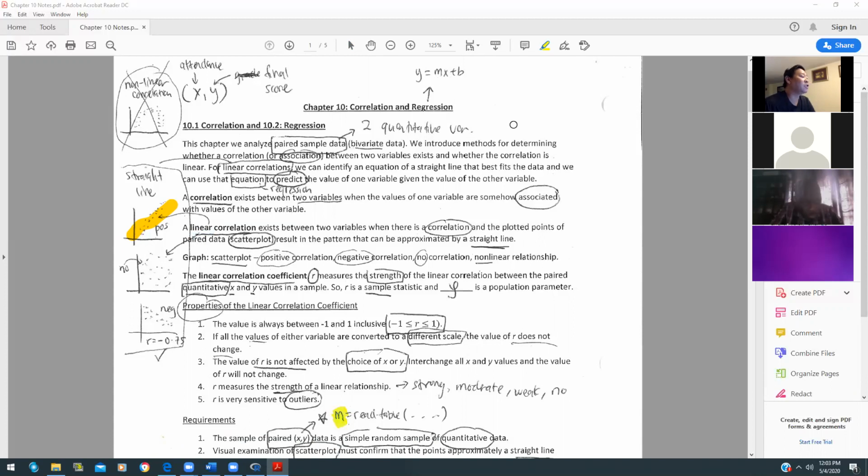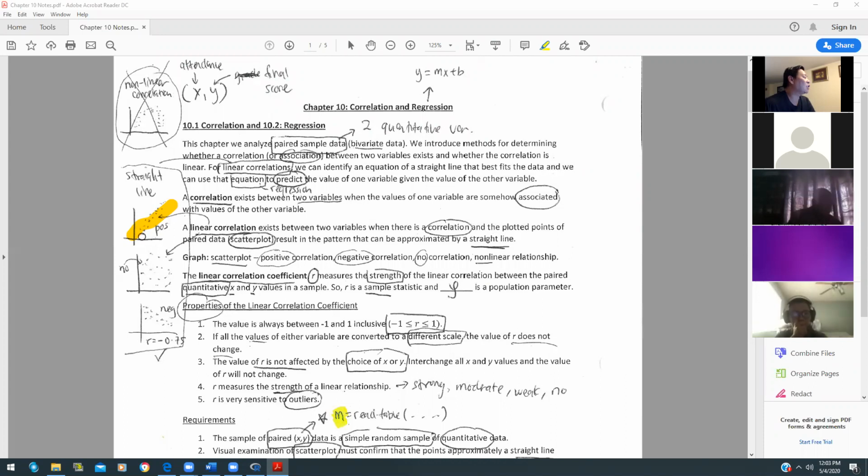If you have a scatter plot like this, which is all scattered, this is still considered linear. I just want to point that out. And if you have all this, this is also linear. So what is considered not linear? Not linear means your scatter plot shows a curve like that, or exponential.